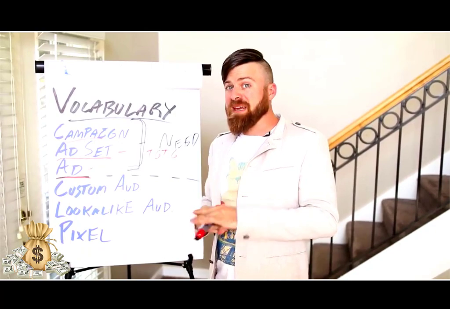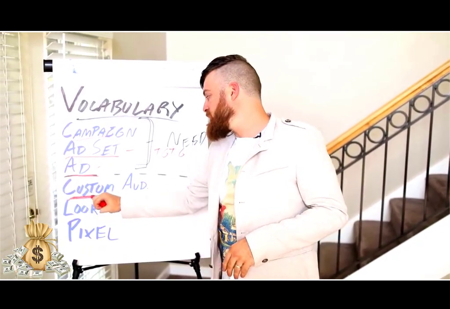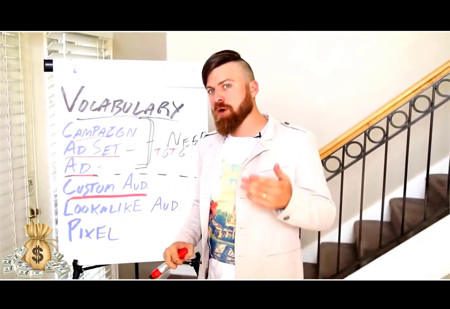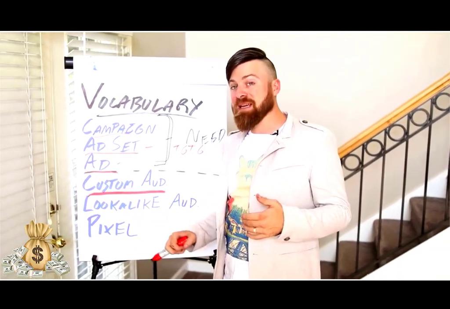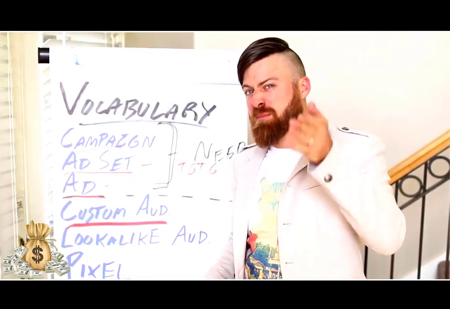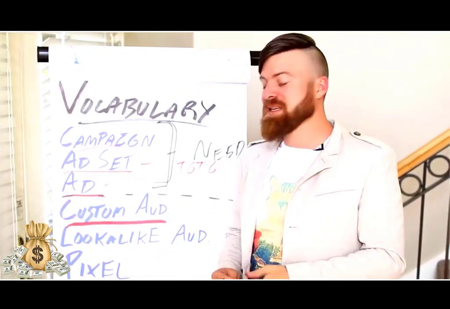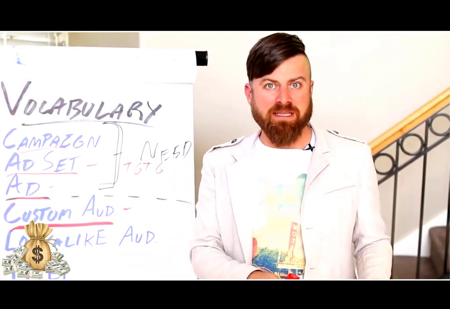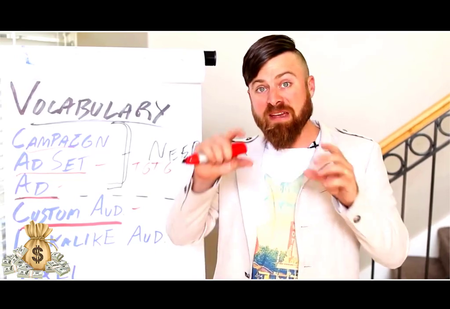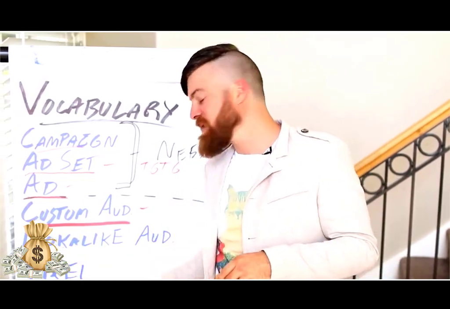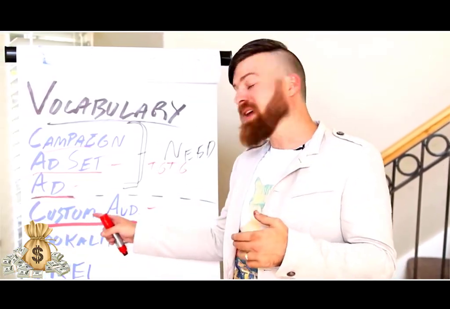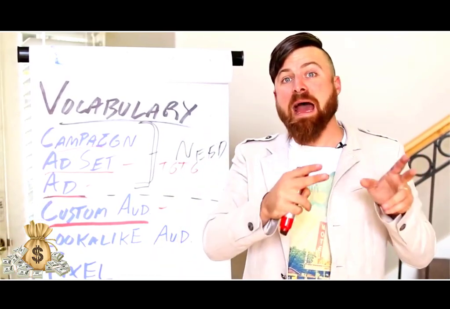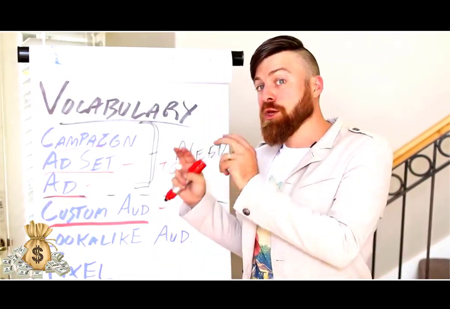The first useful piece of vocabulary to know is custom audience. A custom audience is an audience that is really custom to you and your business. If you have a website that people are already visiting, you can put Facebook's pixel on it, which we'll explain in a second, and have Facebook send ads to the people who are already visiting your business.